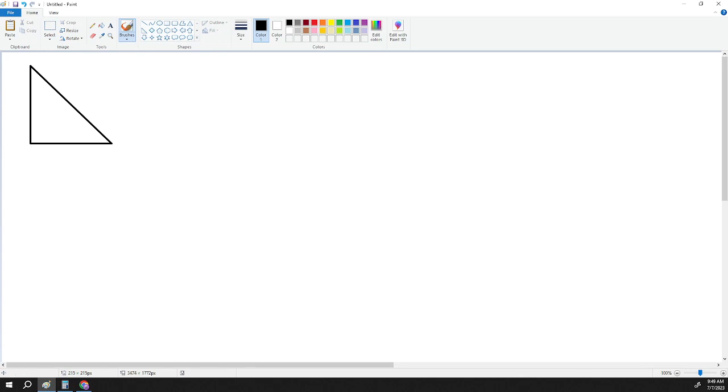Anyone? Okay, correct. So the Pythagorean theorem states that a squared plus b squared is equal to c squared. And c is always our hypotenuse.